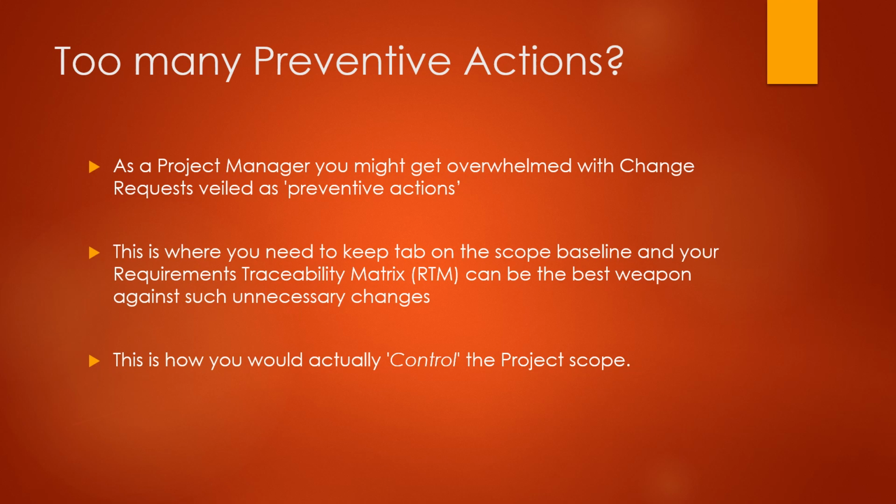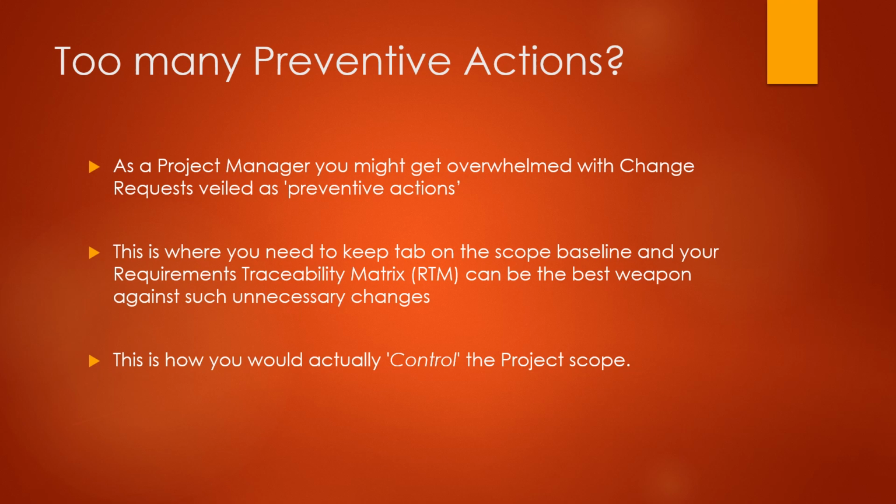You need to have certain influence as a project manager on the project scope, on the project team. You need to have certain influence. But then at the same time, you need not be so rigid, wherein you discard preventive actions which were actual preventive actions and not wheeled as change requests, right?